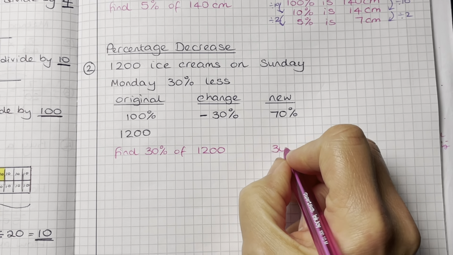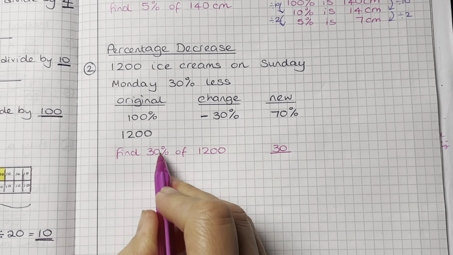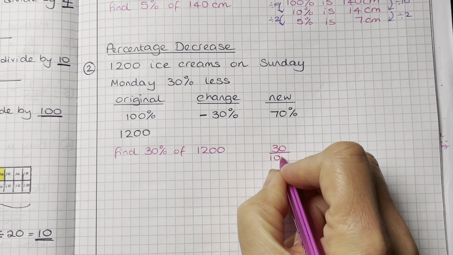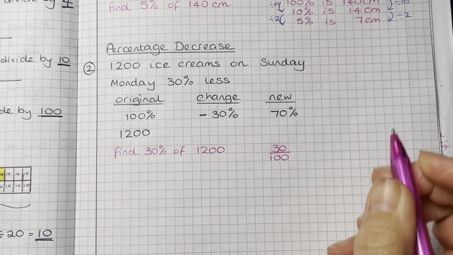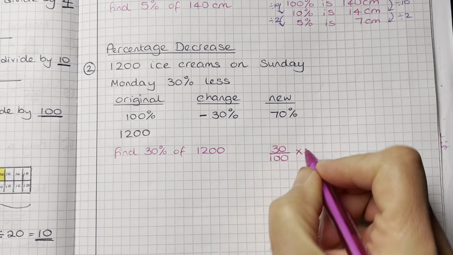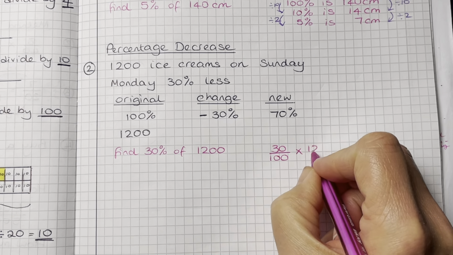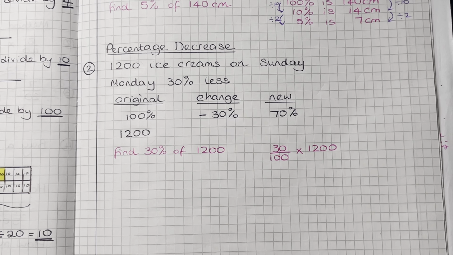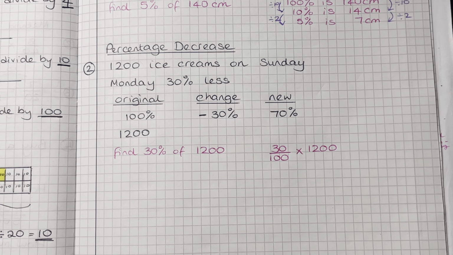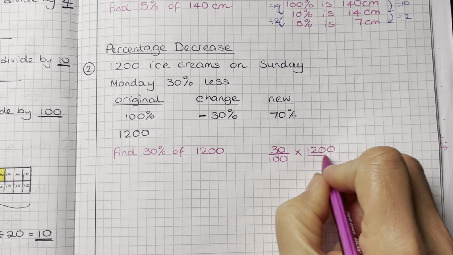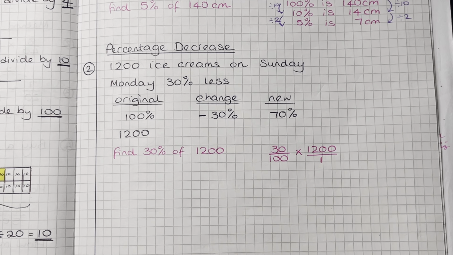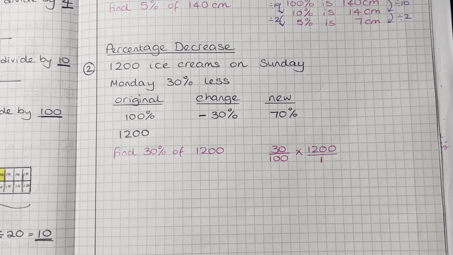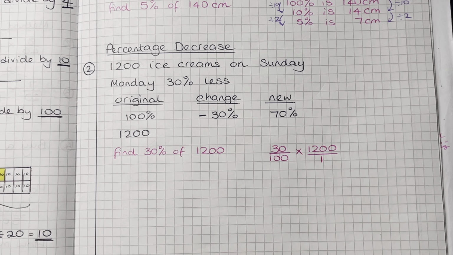You may recall I write 30% as a fraction, 30 over 100, and then I'm going to multiply it by the number of ice creams, 1200. And I think I'll do a little bit of simplifying to make my life easier. I'm also going to write that as 1200 over 1 to make sure that I don't make any mistakes when I multiply it out.